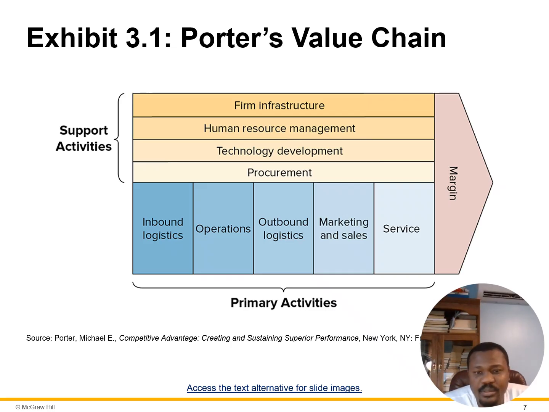He talks about human resource management, where we recruit the right, skillful, intelligent minds to work, and technological development, where technology is used to harness the skills and the human resource to deliver customer value. And then procurement, buying the right materials and purchases, the supply chain activities. All these are not what he sees as the primary activities in Porter's value chain.